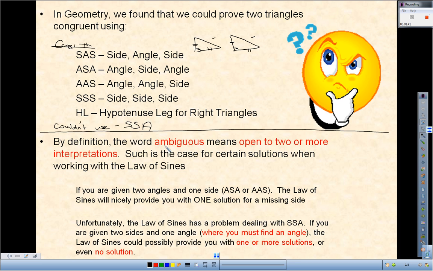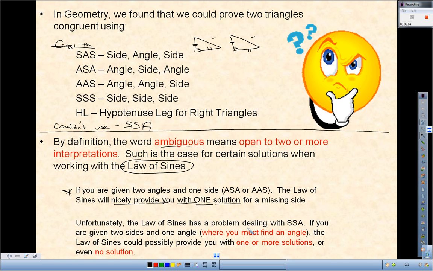It says, by definition, the word ambiguous means open to two or more interpretations. Such is the case for certain solutions when working with the law of sines. Now here's the key point. If you are given two angles and one side, such as angle, side, angle, or angle, angle, side, the law of sines will always nicely provide you with one solution for your missing side, so that it works out perfectly.